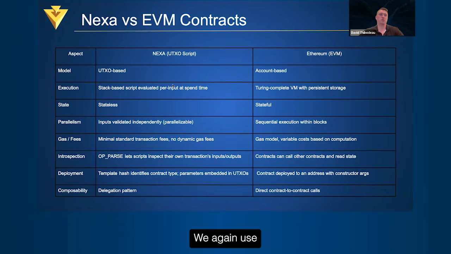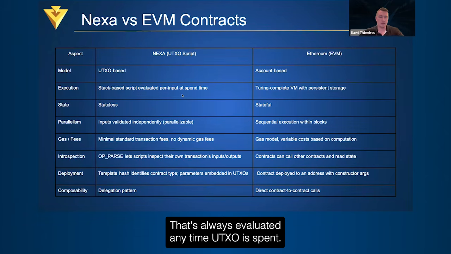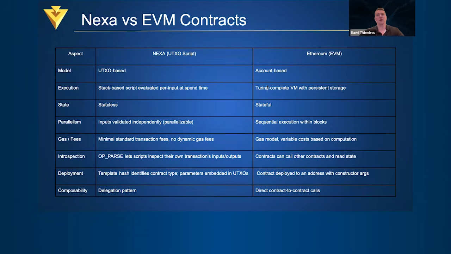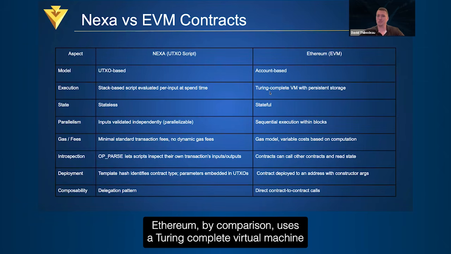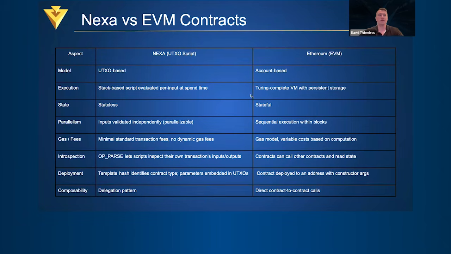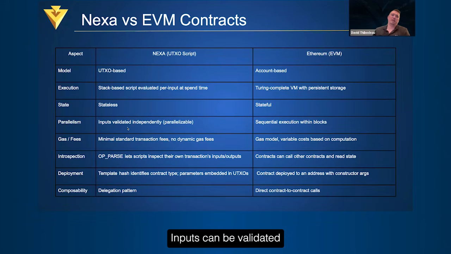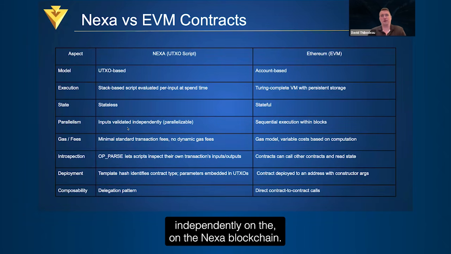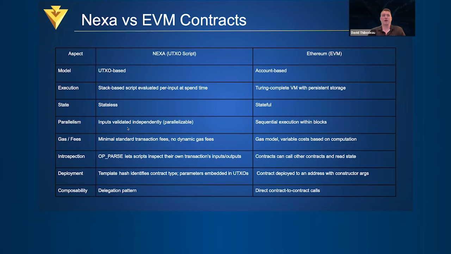We again use a stack-based script evaluation. That's always evaluated anytime a UTXO is spent. Ethereum, by comparison, uses a Turing-complete virtual machine that maintains a state and storage. So we are stateless, they are stateful. Inputs can be validated independently on the Nexa blockchain.